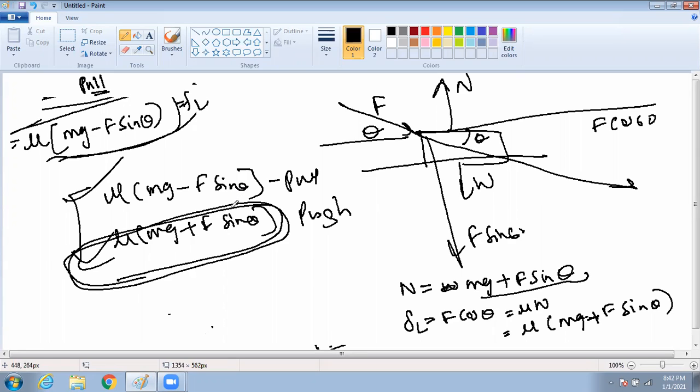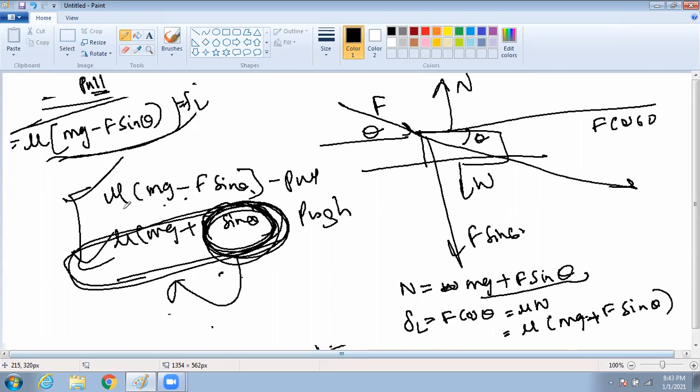So that means your F sin theta is the component which is getting added in push, but while pulling, it is getting subtracted. F sin theta adds up, increasing your frictional force.